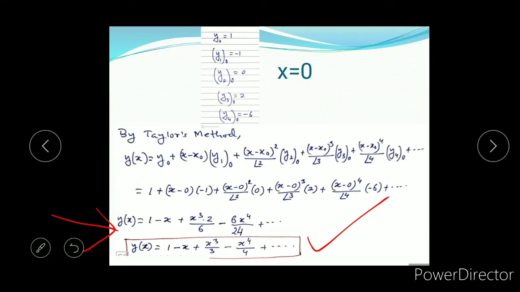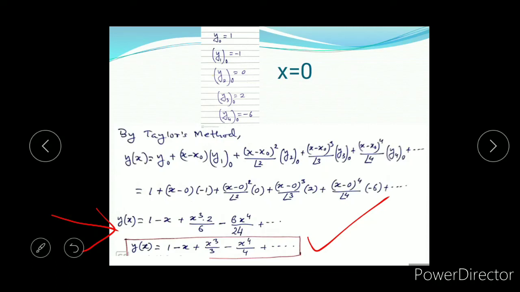Now, one thing we should remember is that this solution will give us the approximate value of y(x). Why? Because here you can see we are considering the values only till y4(0), and after that we are not considering, because we need only 4 non-zero elements among y0, y1, y2, y3 and y4.